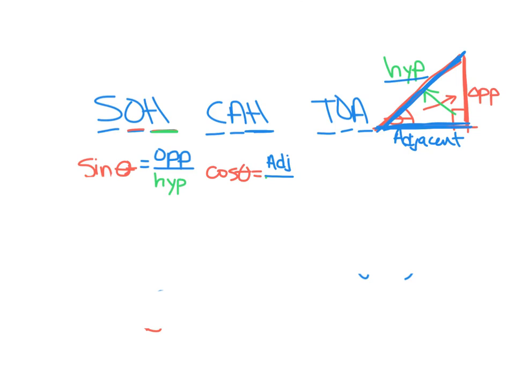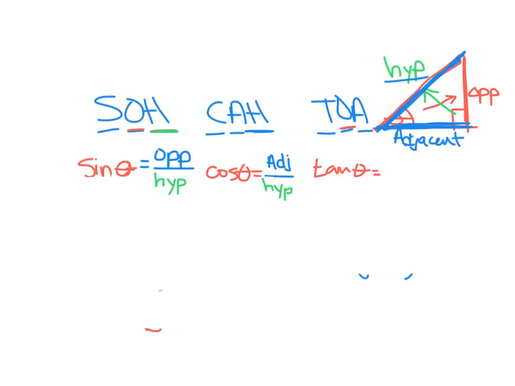Wow, that looks horrible. Try again. So that brings us to our last one, which is called tangent. Spoken like this, that's how it's spelled, and then we abbreviate it as tan theta.